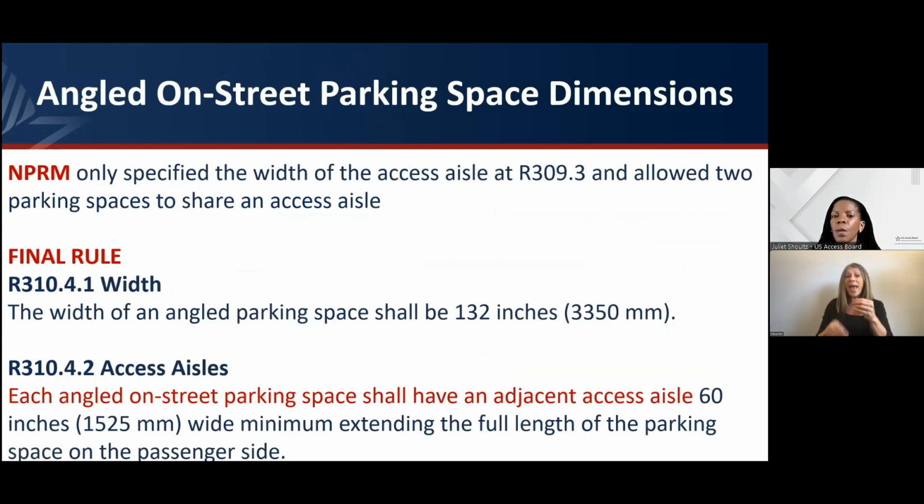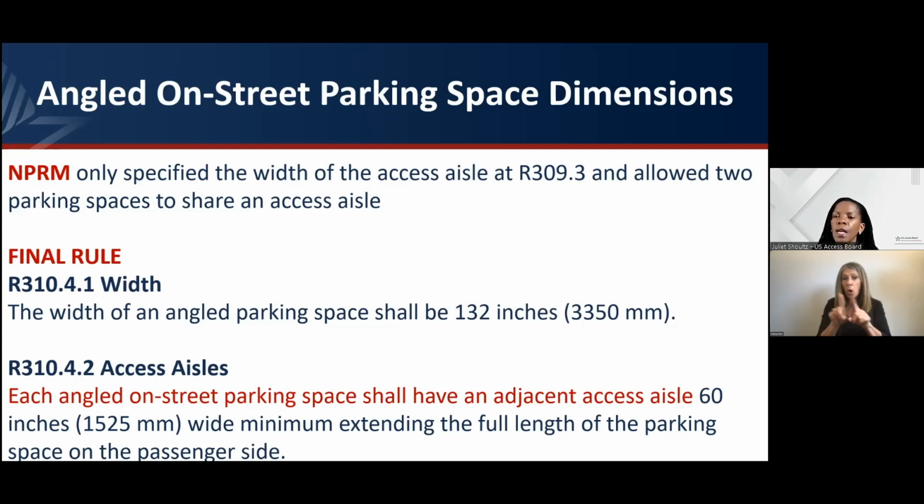We added vehicle space dimensioning for angled on-street parking. In the NPRM, we only specified the width of the access aisle, and that was at R309.3. And we also allowed 2 parking spaces to share an access aisle. Again, this is for angled on-street parking spaces. In the final rule, we have specified a width for angled parking spaces, and that is 132 inches.